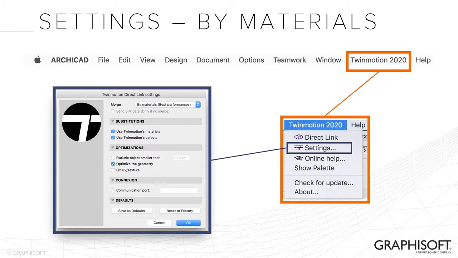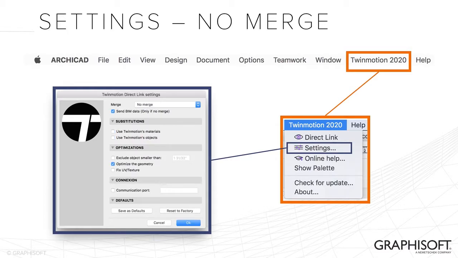By material allows for best performance, and then you can substitute ArchiCAD surfaces for Twinmotion materials or ArchiCAD objects for Twinmotion objects. And you can optimize the geometry and exclude objects that are smaller than a certain dimension. If you do no merge, you can also include some BIM data, and that might be beneficial depending on what you're doing with Twinmotion.